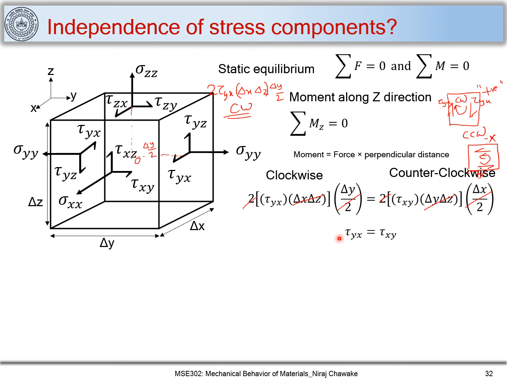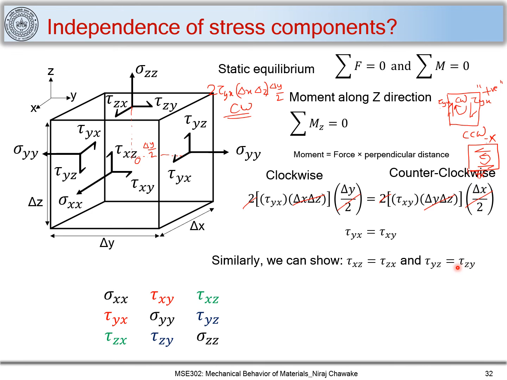This is an important result: to have static equilibrium maintained, you must have tau yx equal to tau xy. Similarly, we can show that tau xz and tau zx are equal, and tau yz and tau zy are equal. These are very important identities which we got.